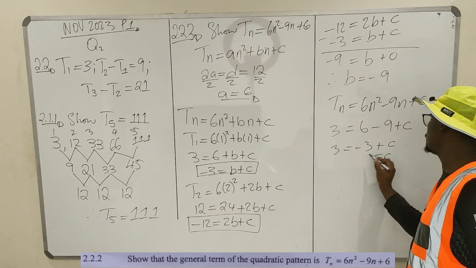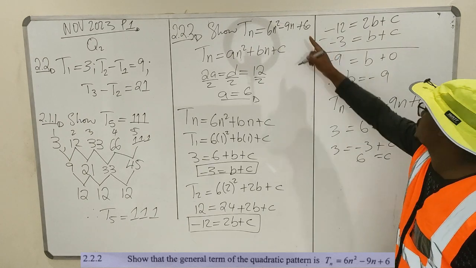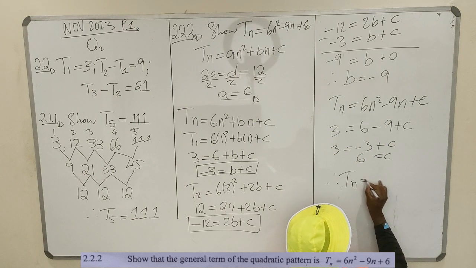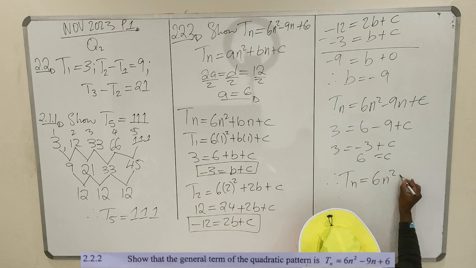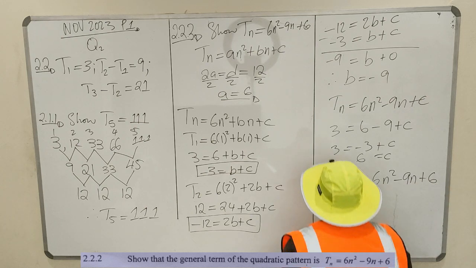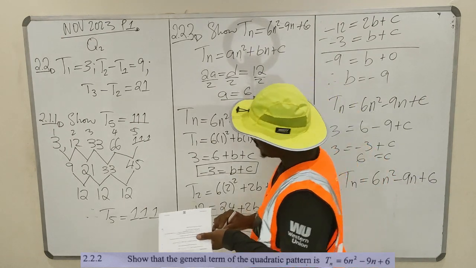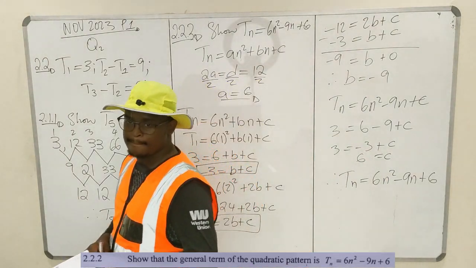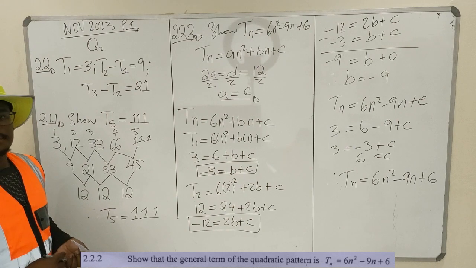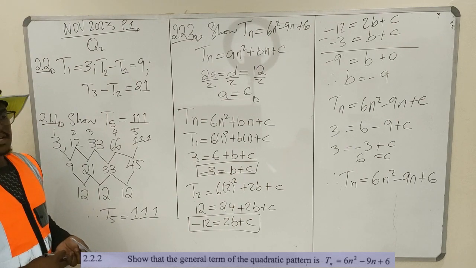So your c is equal to 6, which is that. Therefore, your Tn is equal to what? 6n squared, right? Minus 9n plus 6. This is your nth term. We found your nth term to be that. We have proved, we have shown them that that is the nth term.